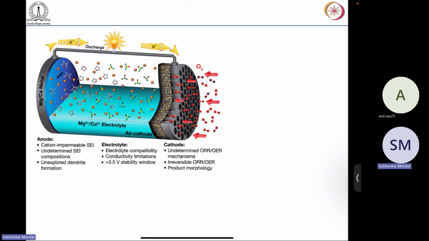So this is a non-aqueous metal air battery. It is written calcium, magnesium, but it can be any metal, lithium plus or sodium plus, or aluminum 3 plus. I have shown that different types of metal air batteries are possible. This is one of the schematics: you have the metal anode and your porous side, so oxygen can come and go through the porous side.